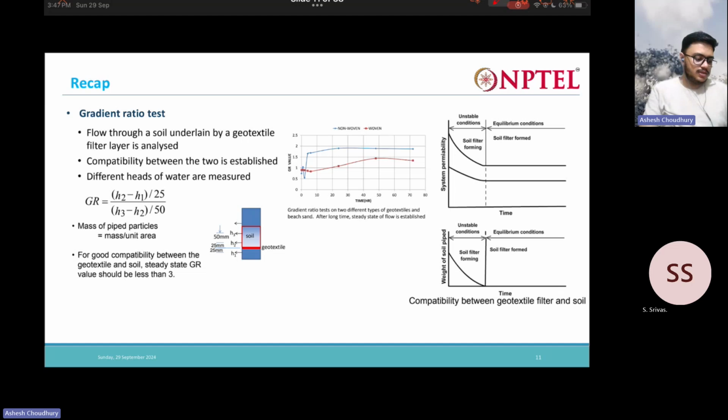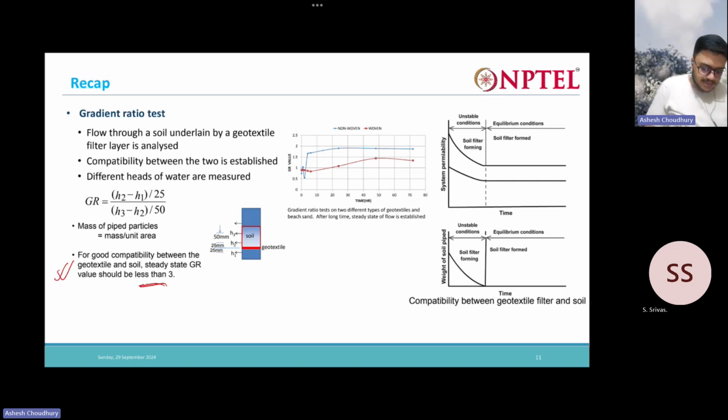So what is this gradient ratio test? It is actually used to understand the compatibility between the soil and the geotextile that you are going to use, to check if these are actually compatible. For good compatibility between the soil and the geotextile, you should ensure that the gradient ratio value should always be less than 3.